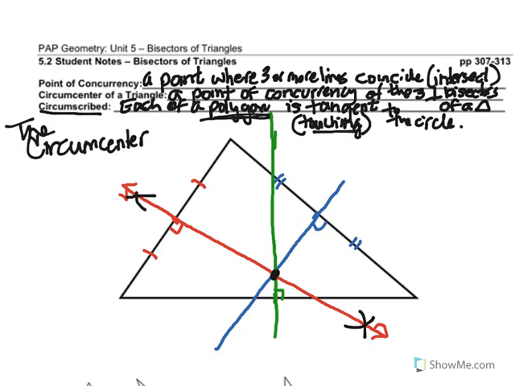And the circumcenter is equidistant. We talked about that word yesterday. Equidistant means it's the same distance to each of the vertices.